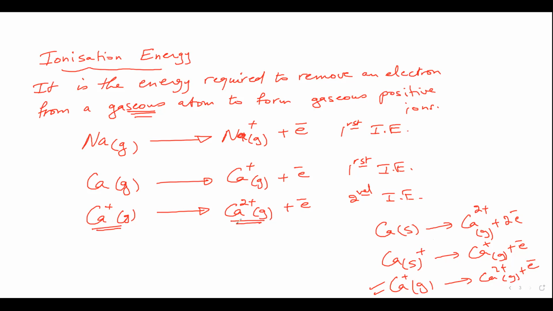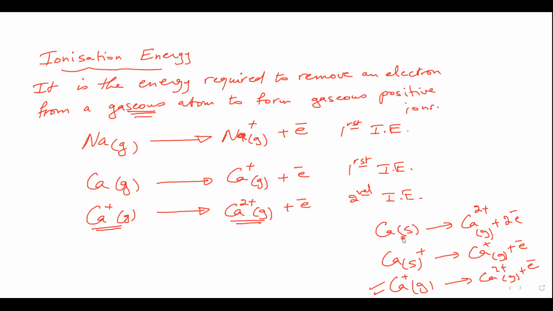You have to choose this one. You don't have to choose any other choice except that the calcium positive ion in the gas state forms calcium +2 in the gas state plus electron. So we call this the second ionization energy, and we call this the energy needed to remove 1 electron from the calcium atom in the gas state. Then we call this the first ionization energy.